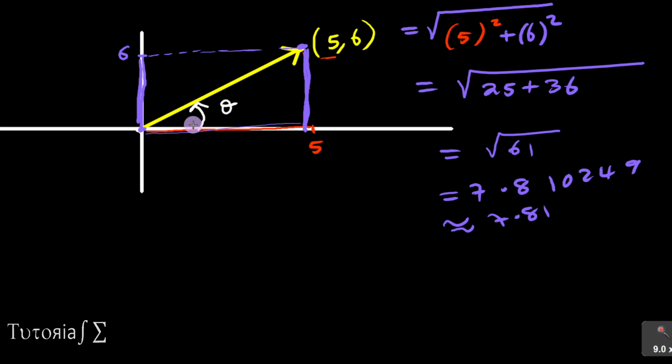So the angle theta, which is from the positive x-axis to where the vector is, theta equals tan inverse of the imaginary part, or the y part. So that is the y part over the 5 there.